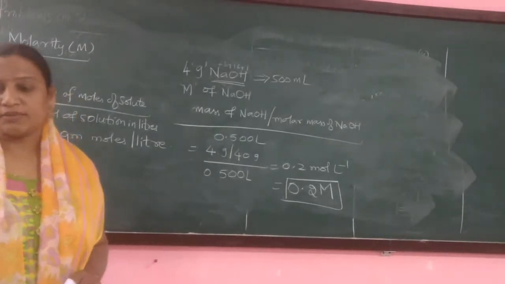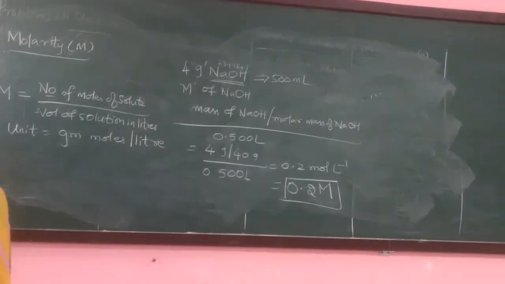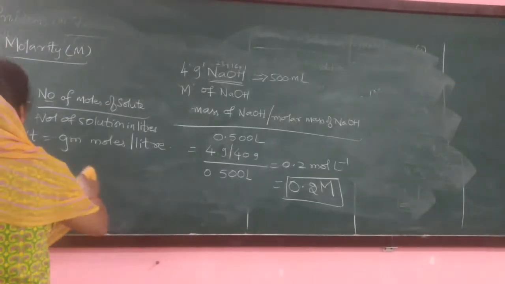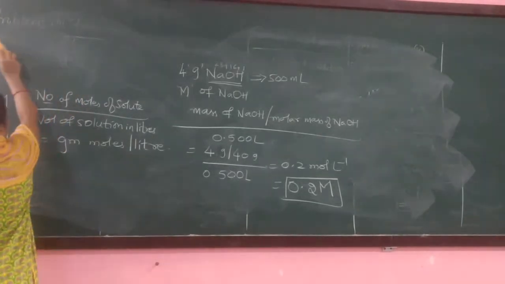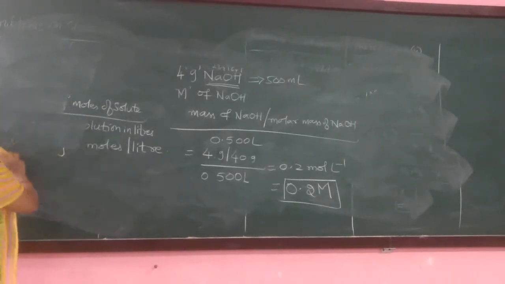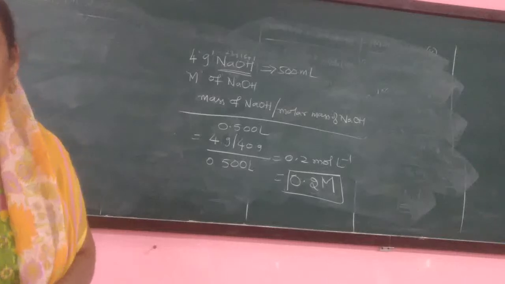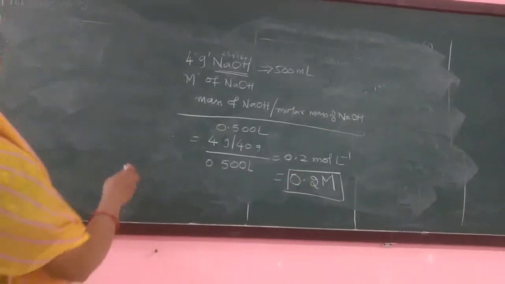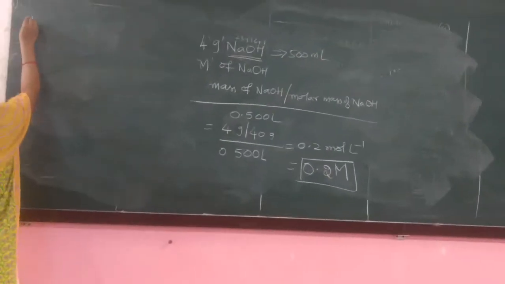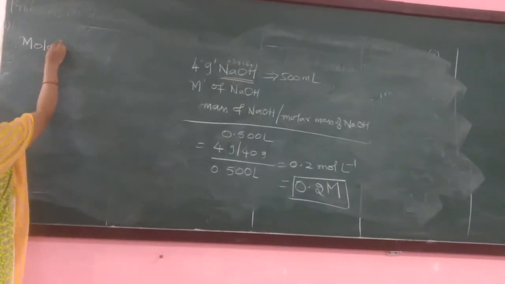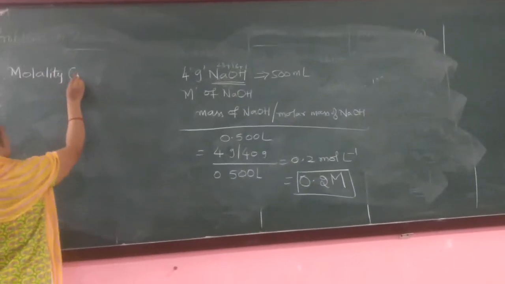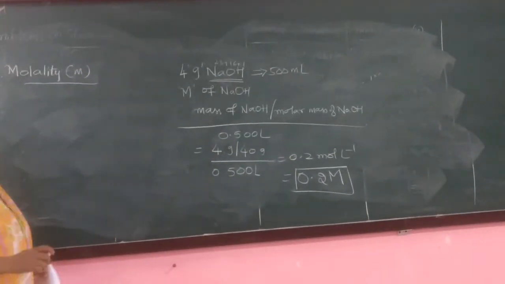And the last, fourth way of representing the concentration of a solution is molality. The symbol used is small m.